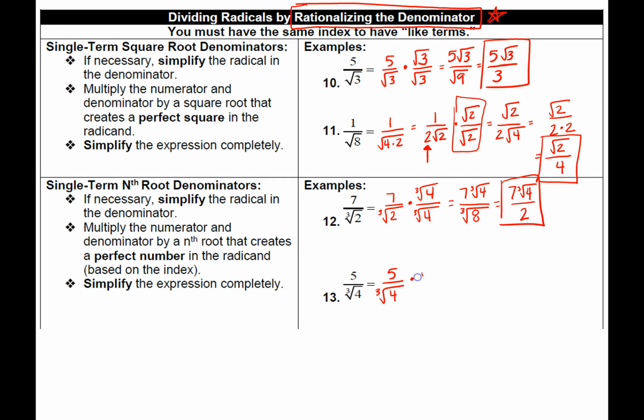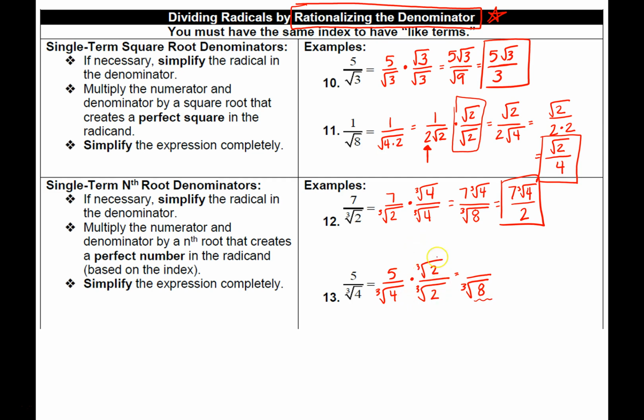I need to multiply by a cube root, and it needs to be a perfect number here. So I'm looking for a cube root of something. 4, you know what, I'm going to go with 8 again, because 8 I can take the cube root of. So to get to 8, I'm doing 4 times 2 to get 8, which means I've got that 2 on the top and bottom in the thing that I'm multiplying into it.